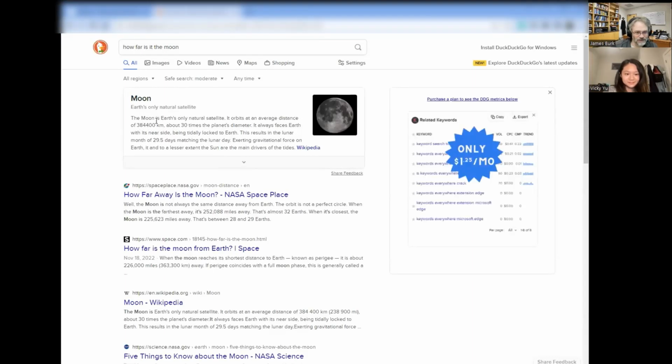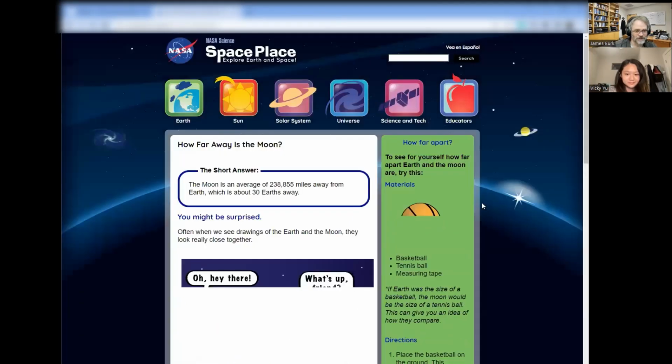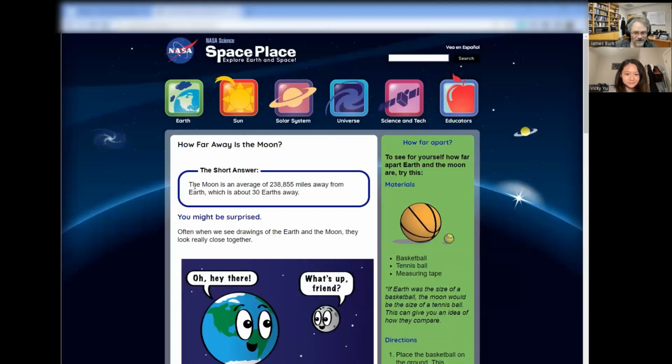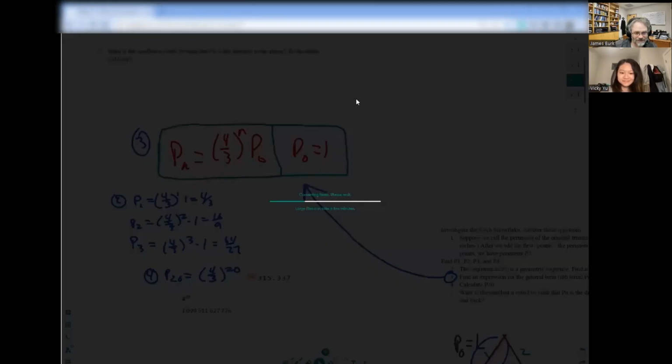So the moon, Earth, and let's go to NASA's website. The moon is an average of 238,855 miles. Talk about a road trip. Okay, there we go.